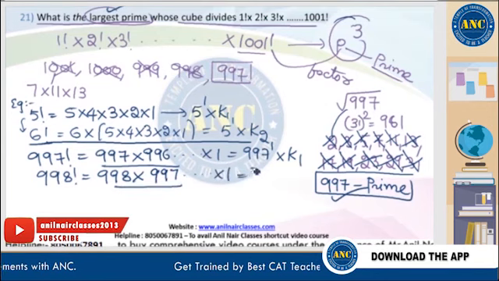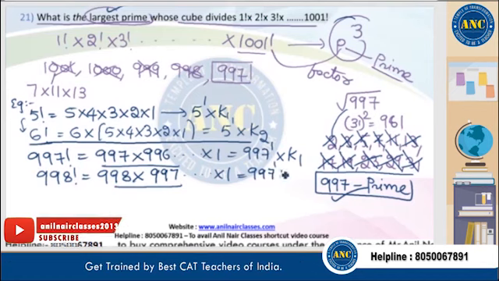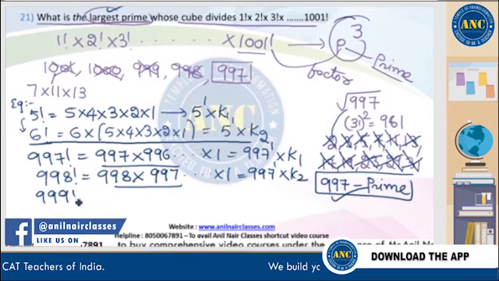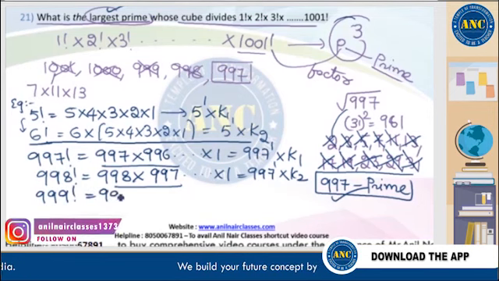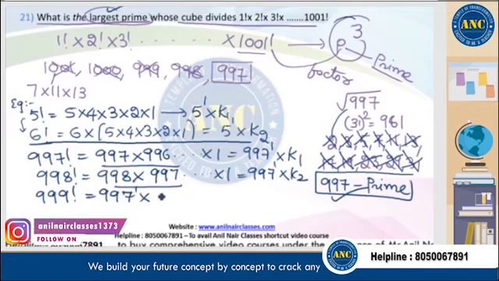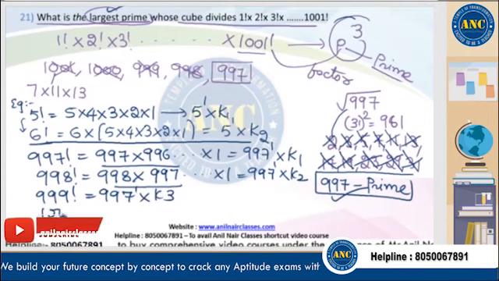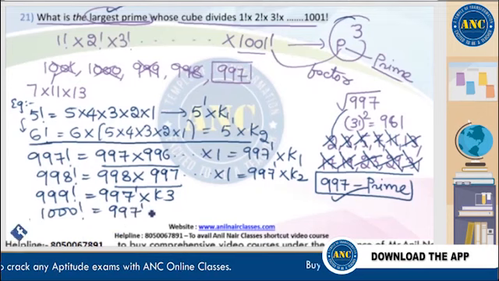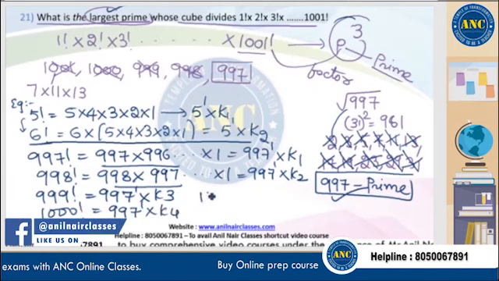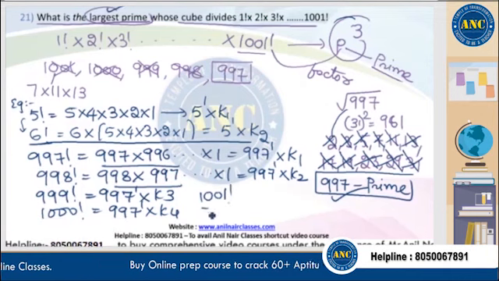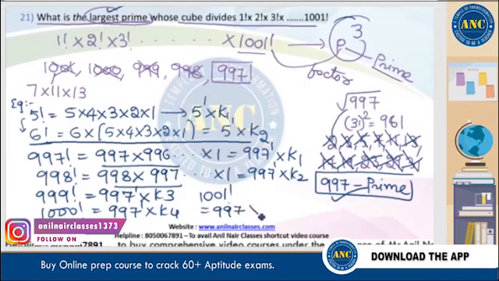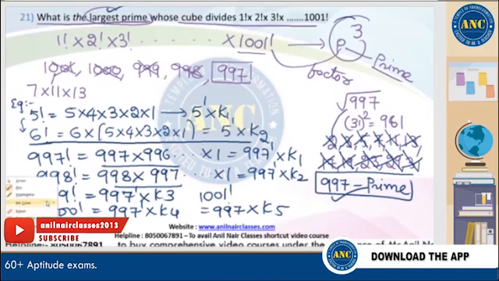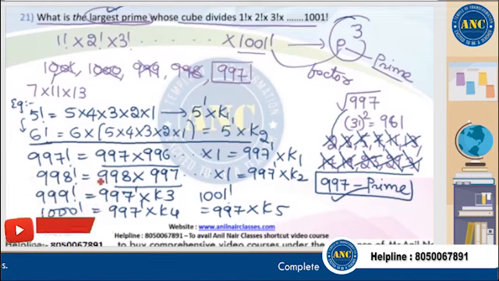This also contains 997 power 1 into k2. 999 factorial also contains 997. I hope you are all there with me. 1000 factorial also contains 997. 1001 factorial also contains 997. That means right from 997 factorial.